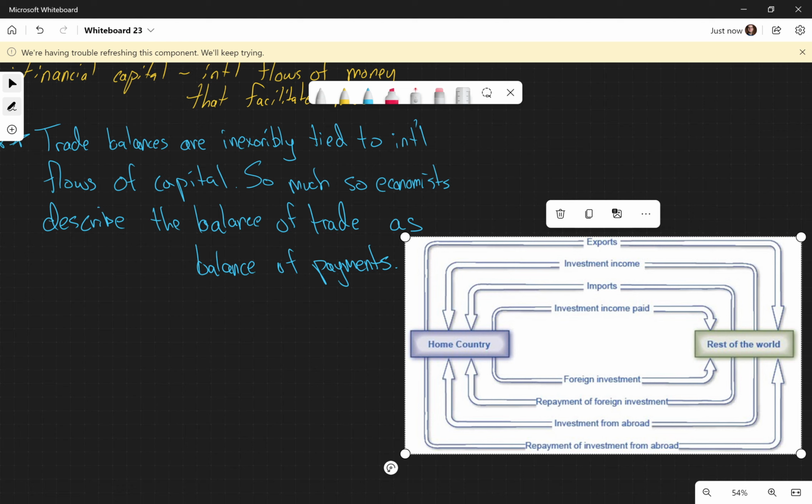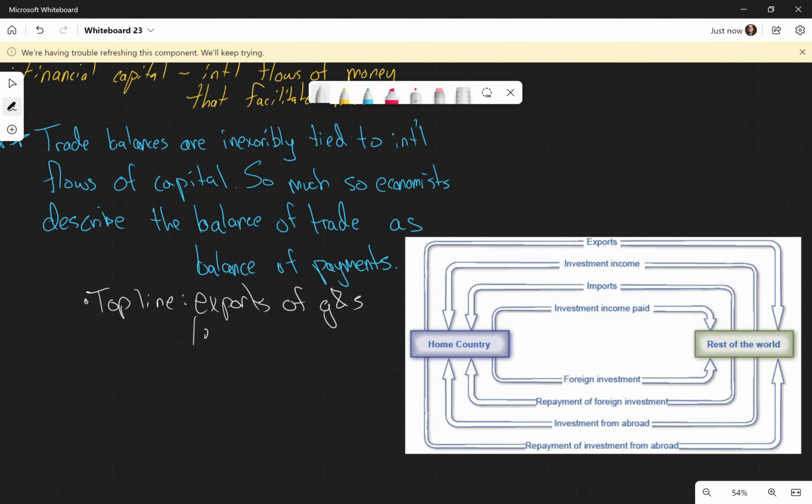So each element of the current account balance involves a flow of financial payments between countries. The top line shows the exports of goods and services leaving the home country. The second line shows the money that the home country receives for these exports.